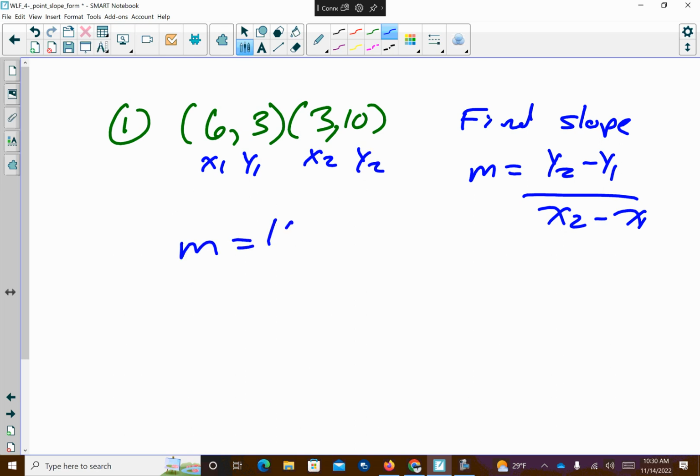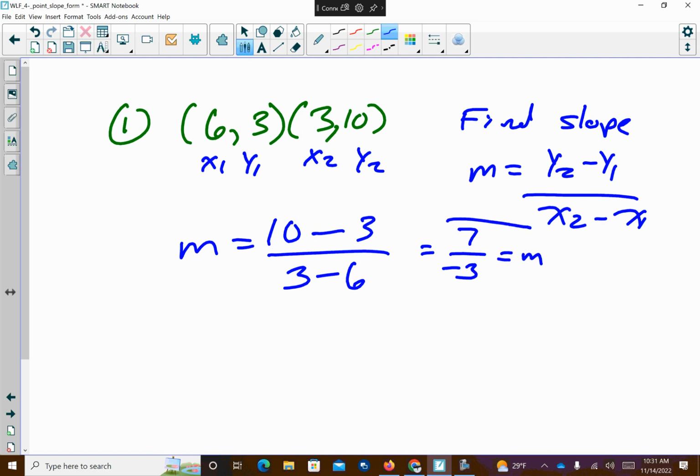So y2 is 10, y1 is 3, there's a minus sign. X2 is 3, x1 is minus 6. So 10 minus 3 is 7. 3 minus 6 is negative 3. So that's my slope.